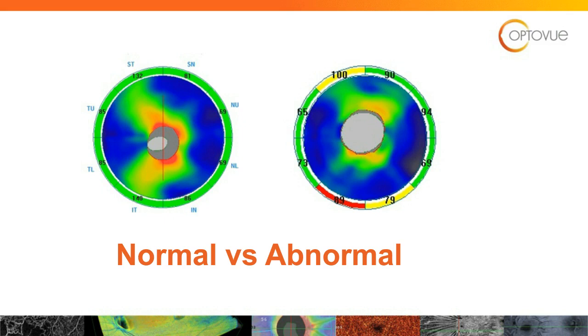But we're also looking to see, does it extend all the way to the boundary of the scan that we're taking? For example, in the right eye, on your right is an example of a patient that does have glaucoma, and so their nerve fiber layer reflectance is being flagged supratemporally as yellow and 100 microns, and infratemporally as red and 89 microns.